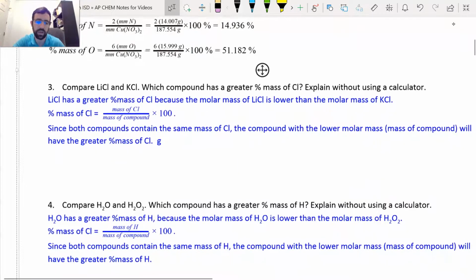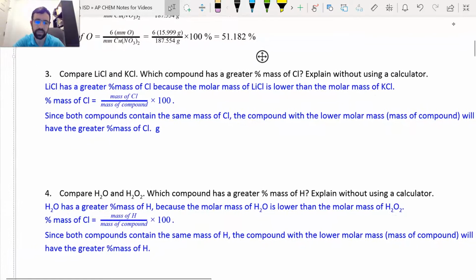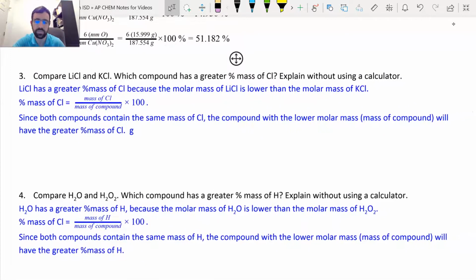We use very similar logic. We're wanting to know the percent mass of hydrogen. Now we've got 2 hydrogen atoms, but it's the same amount of hydrogen in both compounds. So the only thing that changes is the amount of oxygen.